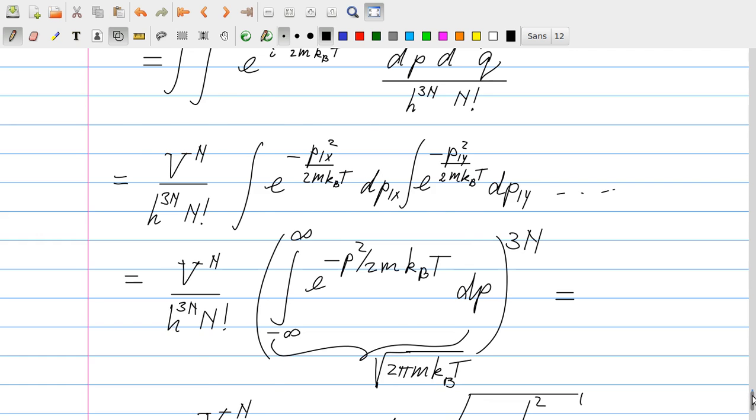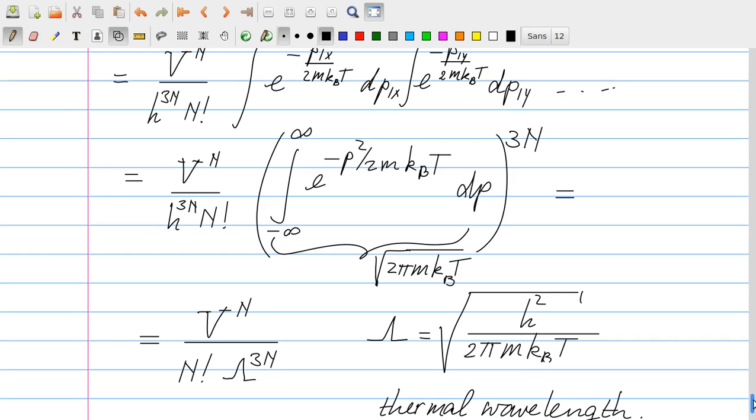They are Gaussian integrals, and the Gaussian integral gives you a value of the square root of pi divided by the prefactor of this p squared, and that prefactor is 1 over 2mk_BT, so we see immediately what the result of this integral is.